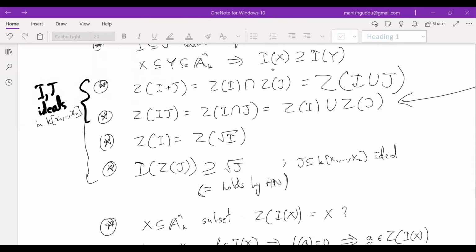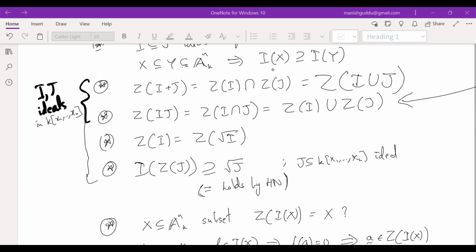So if X is an affine algebraic set, then it's fine. The problem is if I take an arbitrary subset, it won't work, because the zero set of I of X has to be an algebraic set. So for instance, if I take the graph of sin x, then it won't work because it's not an algebraic set.